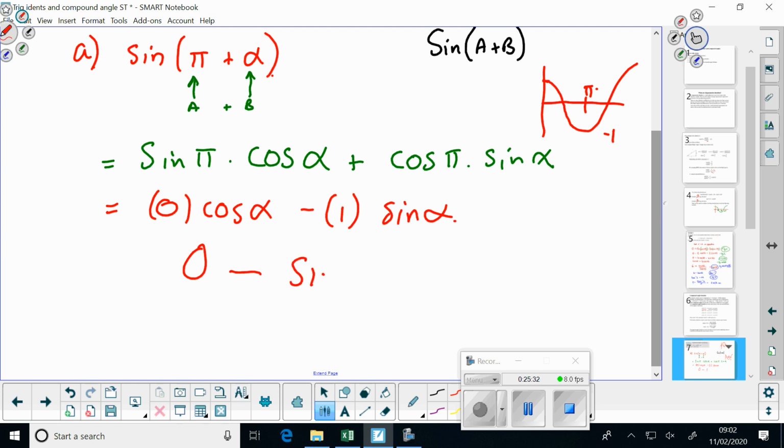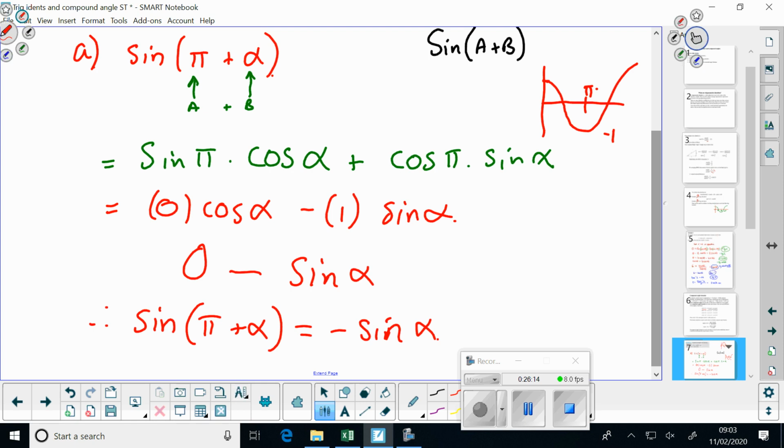Therefore, what we had in the first place, sine of pi plus alpha, is minus sine alpha. 0 minus 1 times sine alpha.